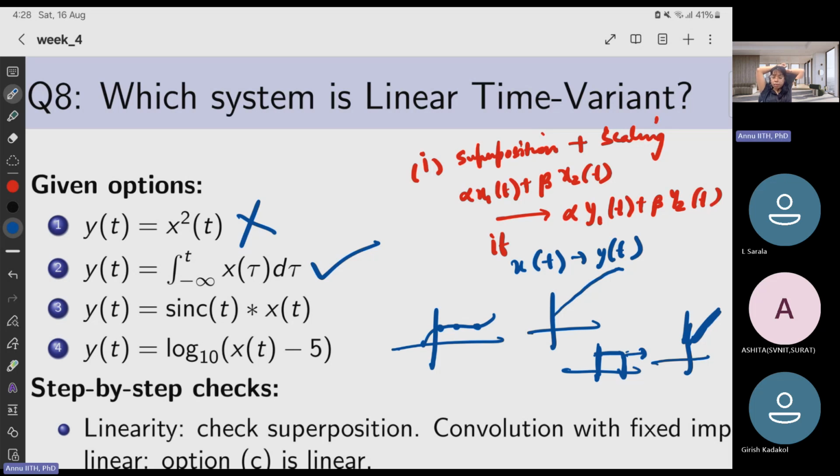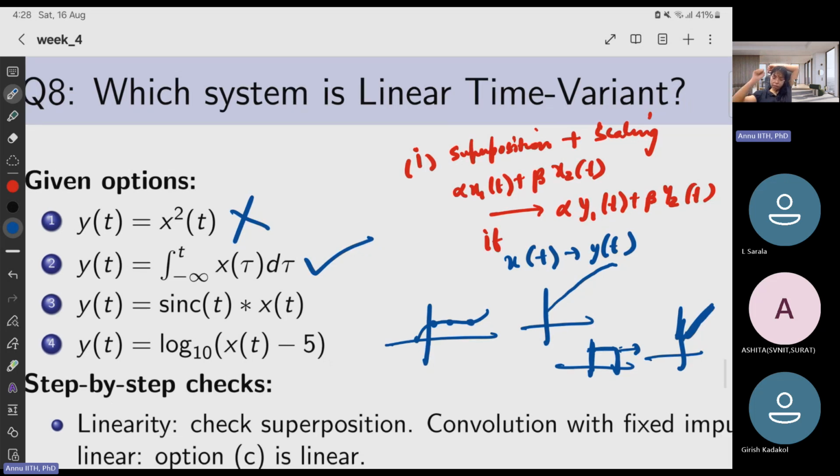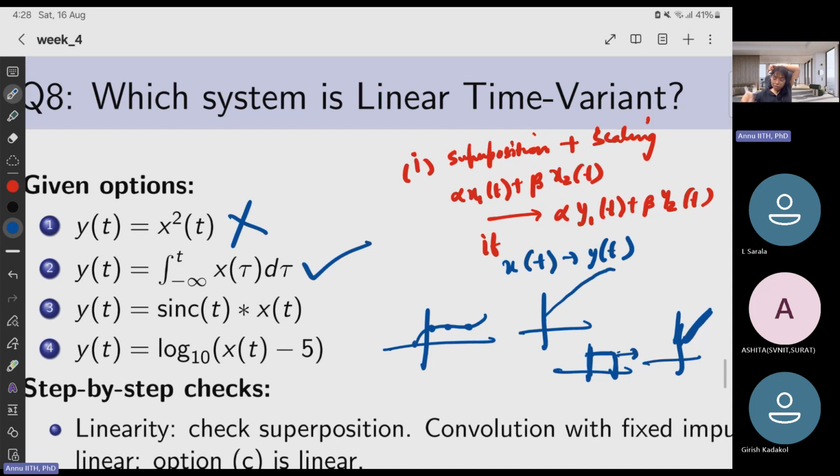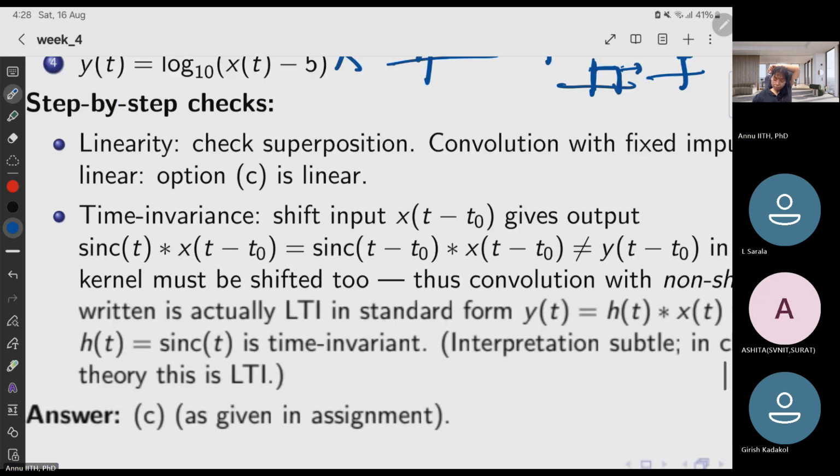No, right? Why? Because it is a single function. This is a function which is convolving equally at every timestamp of the signal. Then it is not changing. You can check with this property also. This property will be followed. Fourth, log 10 of x(t) minus 5. Obviously, this is nonlinear because it is changing the order.